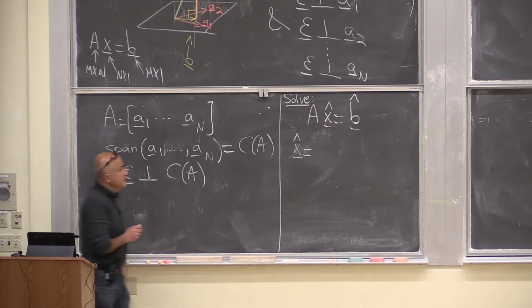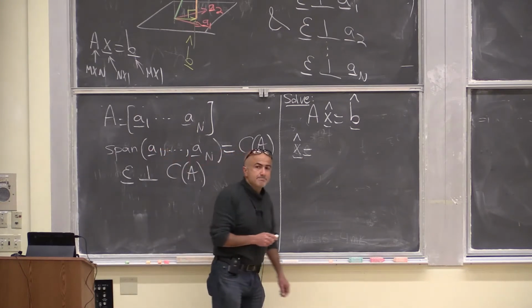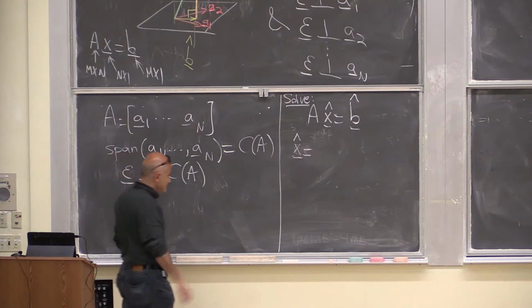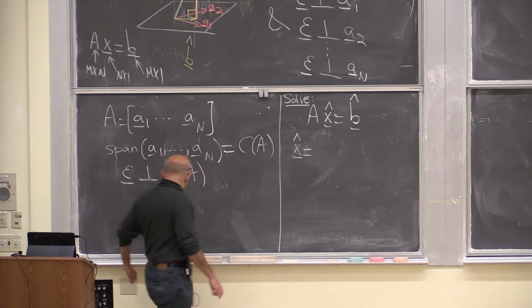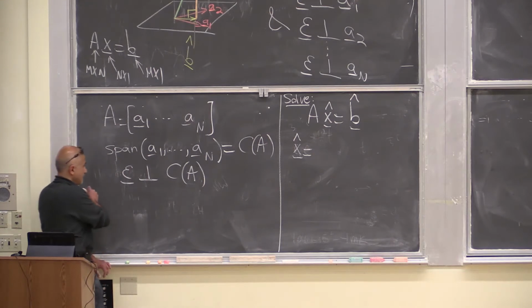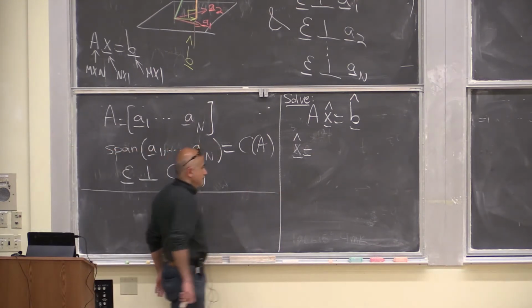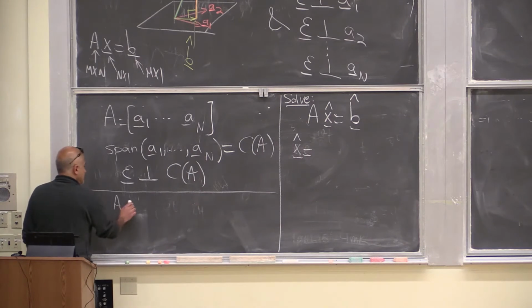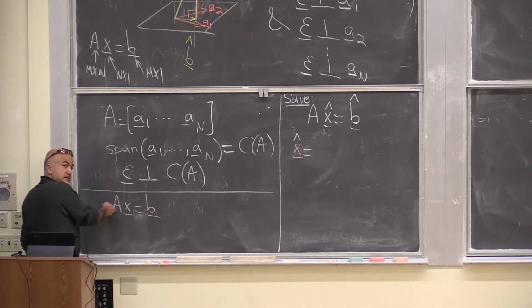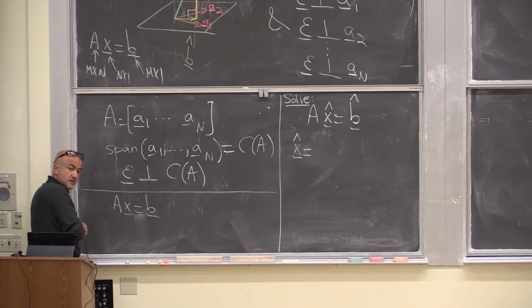You want to tell your neighbor what that x hat was? If you ever forget, start with the equation Ax equals b. This is a thin and tall matrix. You want to turn this into a square matrix. What do I have to do to turn what's multiplying x on the left-hand side into a square matrix?